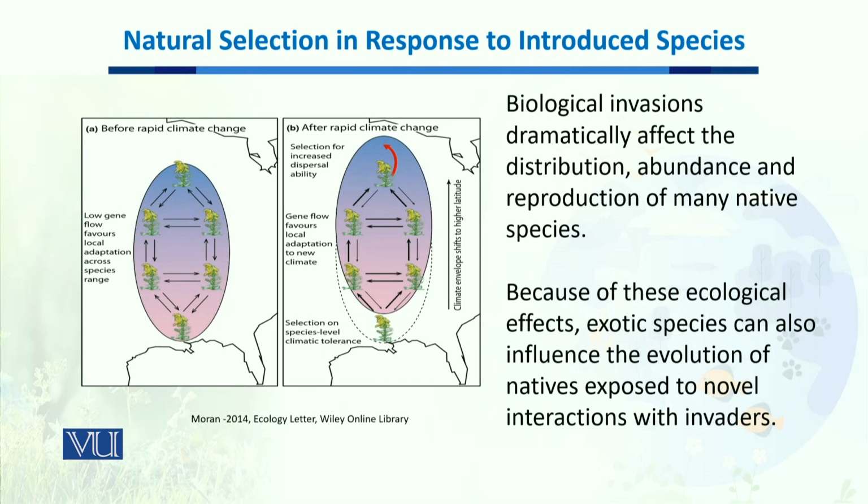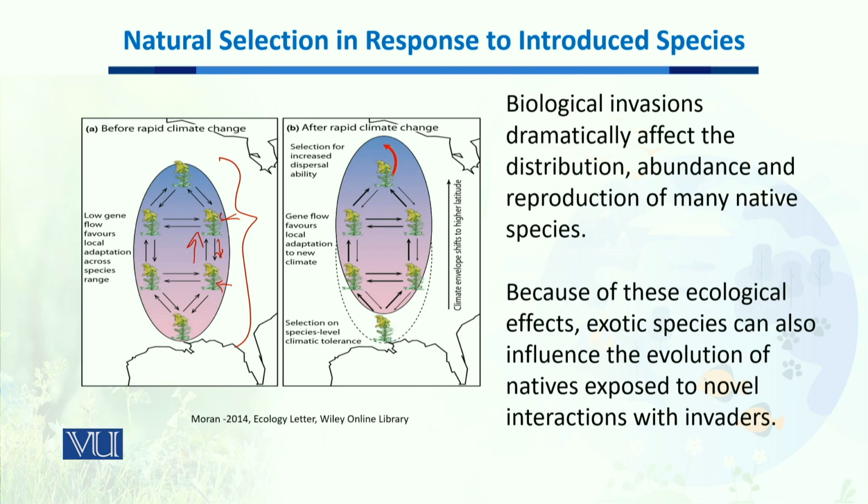For example, in this diagram, you can see that this is an ecosystem where certain species are living, and you can see that very normal or low gene flow is present, and that favors local adaptation across the species range.